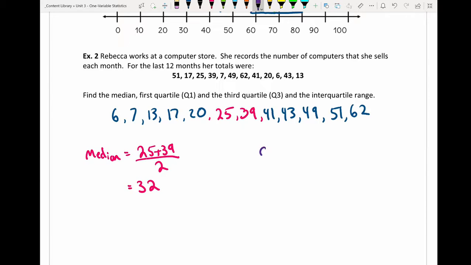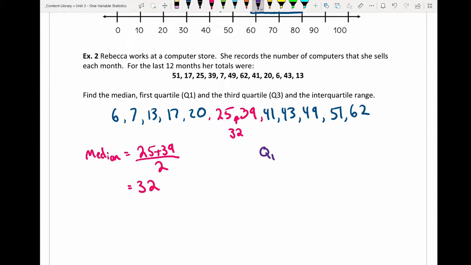My Q1, remember, is the median of the first half of data. Oh, no, sorry, my mistake. Because the actual median falls right in between the 25 and 39, neither of those is included in the halves, so the first half is 6 numbers.